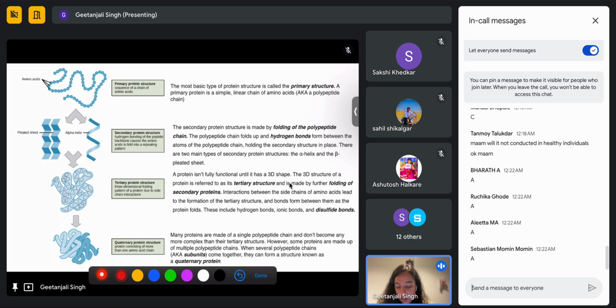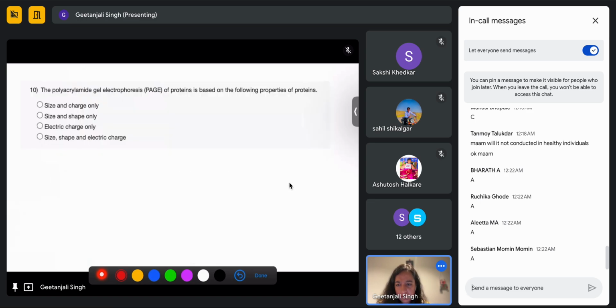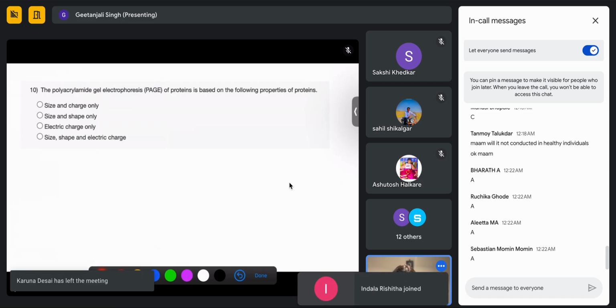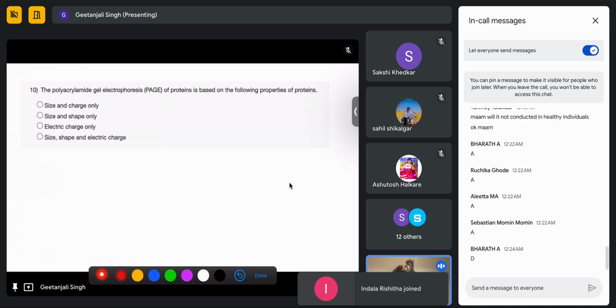The polyacrylamide gel electrophoresis of proteins is based on the following properties of protein.